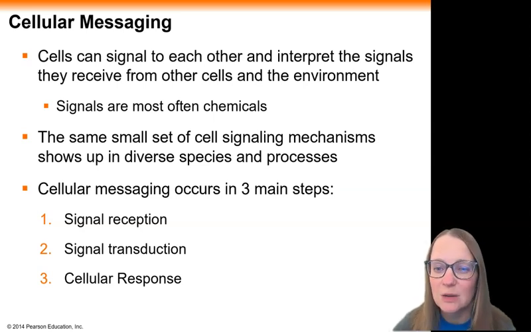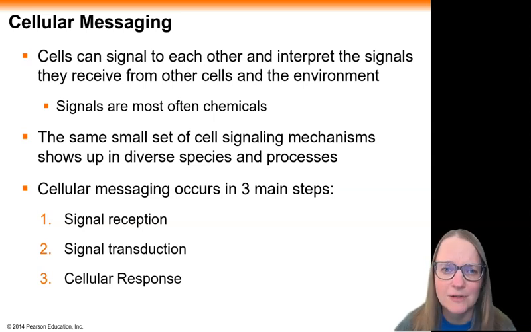So if a particular type of signaling pathway really works well for an organism, you might see that type of signaling pathway appear in multiple organisms that are somehow related by a common ancestor, right? If it works, why change it? And so oftentimes natural selection will hold on to these common signaling pathways.